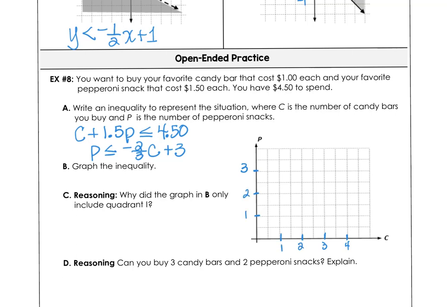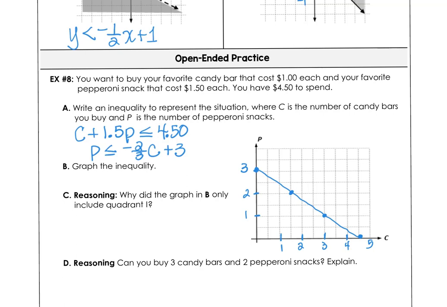Then starting at 3, we're going to go 2 down and 3 to the right, 2 down and 3 to the right, 2 down and 3 to the right. So we end up at $4.50 right there with a solid boundary line. So everything on the boundary line is exactly right.